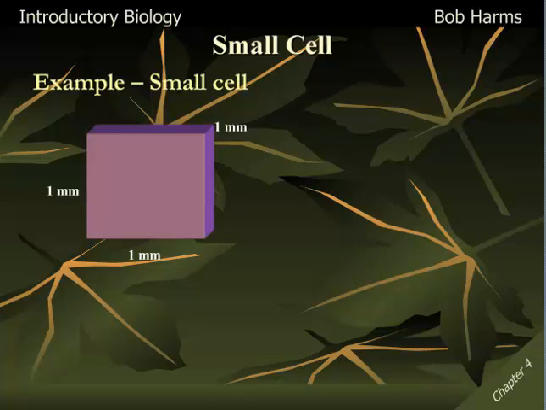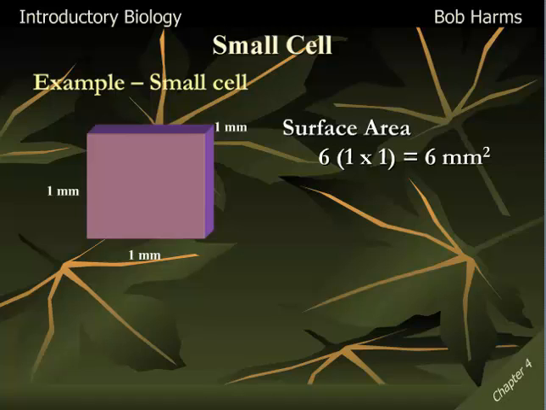In this case, we're going to take a look at a cell that's 1 millimeter wide, 1 millimeter tall, and 1 millimeter deep. The surface area of this particular cell is basically going to be that outside wrapping of the box. To figure that out, we just need to figure out the area of one of the squares. Since a box has 6 sides, we'll multiply it by 6. The area of one square is going to be the height times the width, or 1 millimeter times 1 millimeter, and then we'll take that times the 6 sides of the box.